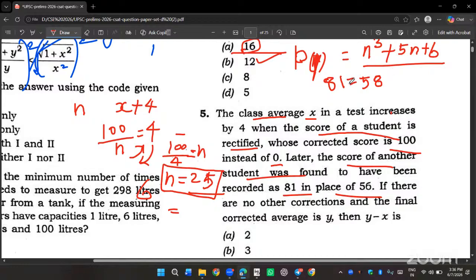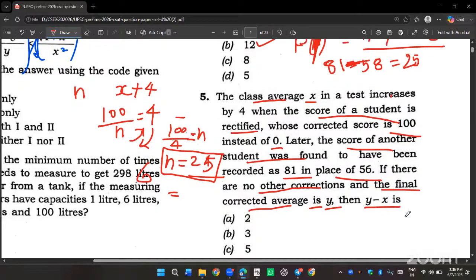How many marks? Okay, I have given extra to the student 25 marks. Next, if there are no other corrections and the final corrected average is y, then y minus x is equal to what?